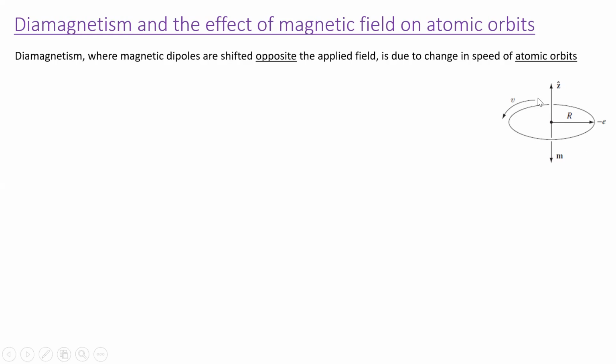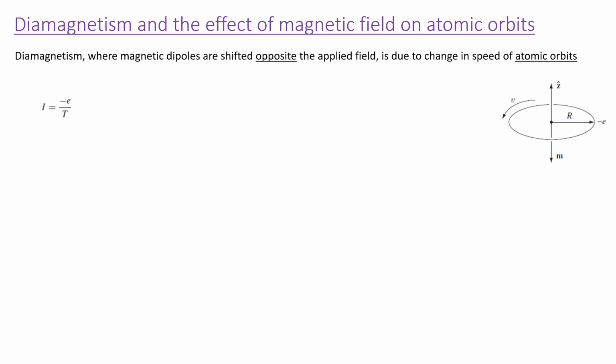But nevertheless, considering this circular path gives us a sufficient picture to get a qualitative idea of how diamagnetism works.